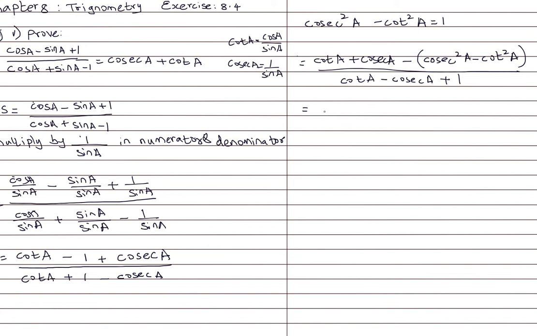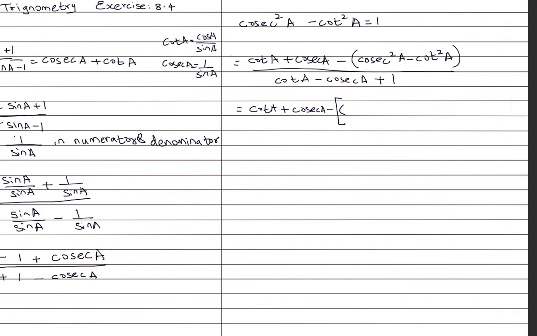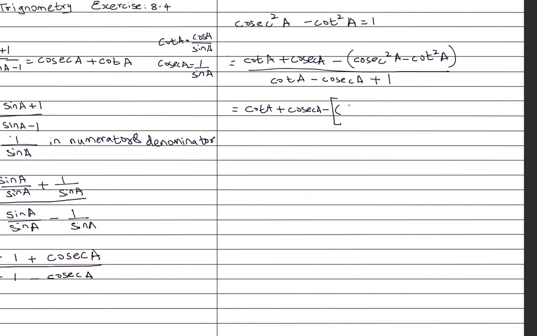A plus B into A minus B. So I am going to write cot A plus cosecant A minus, I will put a big bracket, and then cosecant square A minus cot square A, which is cosecant A plus cot A into cosecant A minus cot A. A plus B into A minus B divided by the denominator as it is, cot A minus cosecant A plus 1.